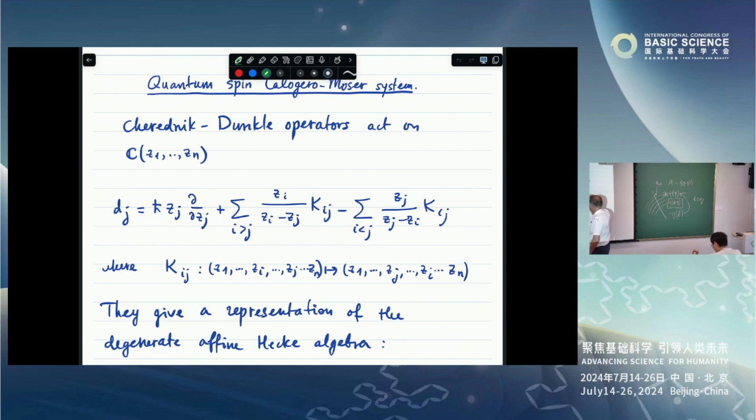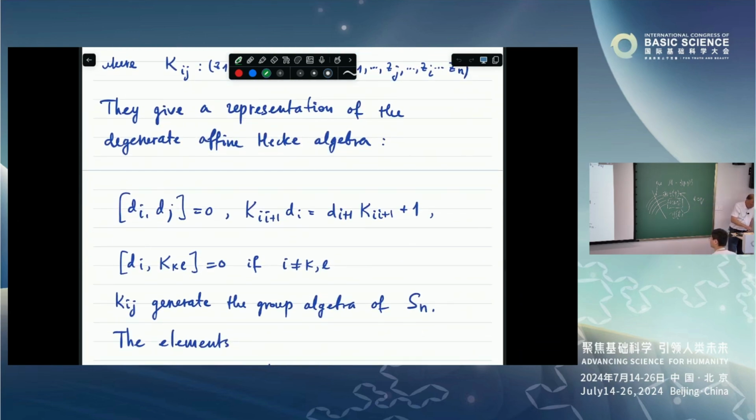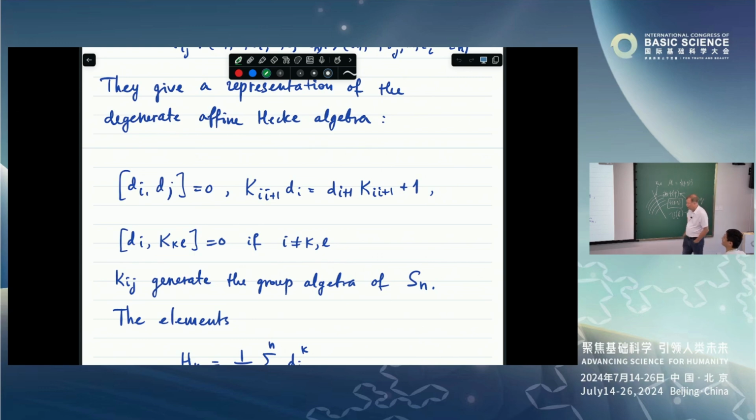So there are Cherednik-Dunkl operators, they act on functions. Now, if I say something wrong here, the author of these operators is here. So they act on rational functions. On Z, they have this structure where K is the permutation operator on Z. These operators commute, and it's kind of nice because they give the representation of the affine Hecke algebra, which is written here.